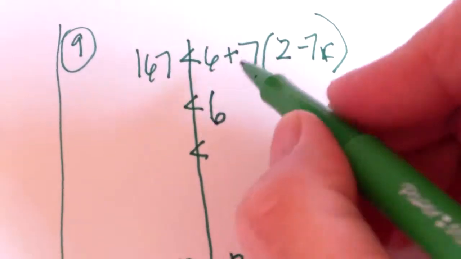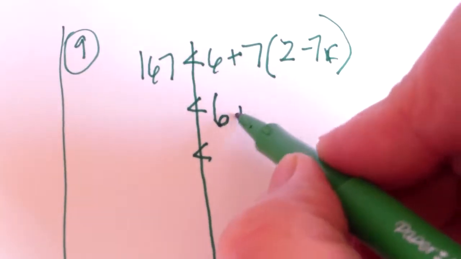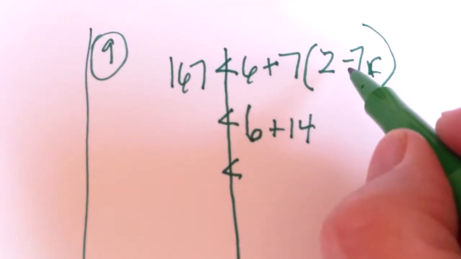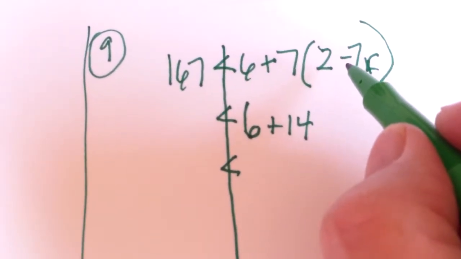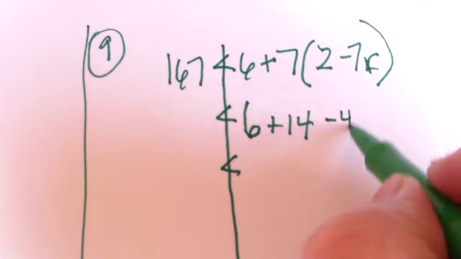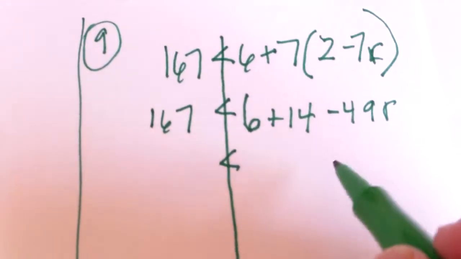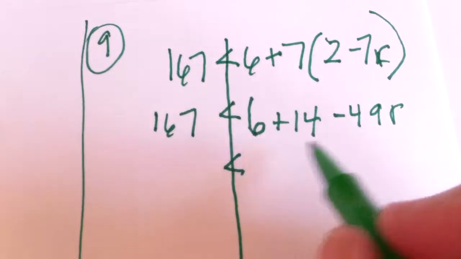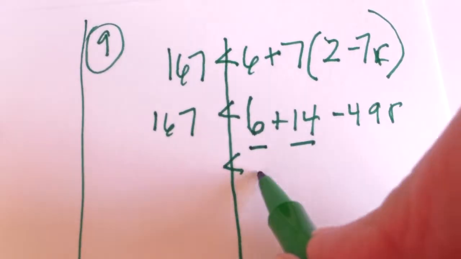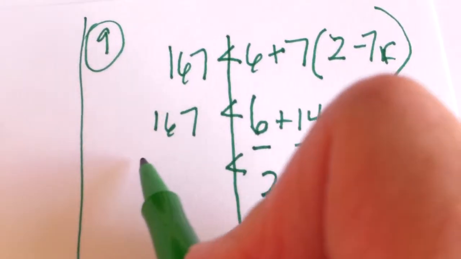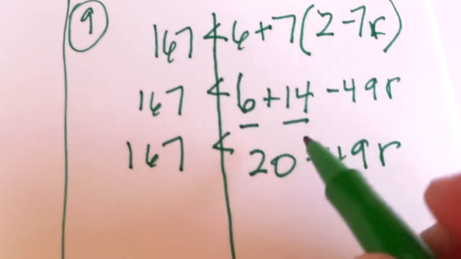We're not going to mess with it right now. 7 times 2 is positive 14. Positive 7 times negative 7r is negative 49r. We have 167 over here. Combine 6 and 14 and you get 20. And over here we get 167.